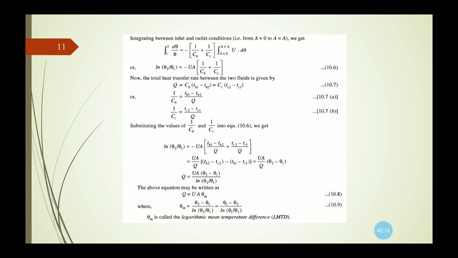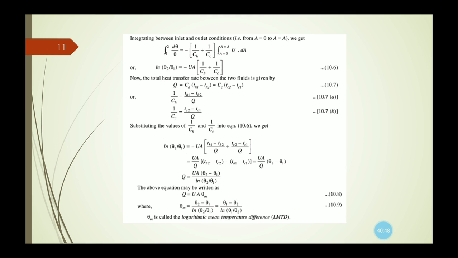Now the total heat transfer rate between the two fluids is given by Q equals Ch multiplied by the temperature difference of the hot fluid, which equals Cc multiplied by the temperature difference for the cold fluid. From this equation, the values of 1 by Ch and 1 by Cc can be seen in 10.7a and 10.7b.